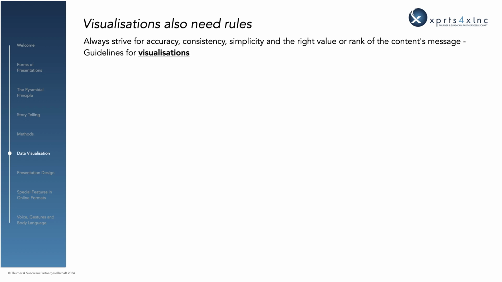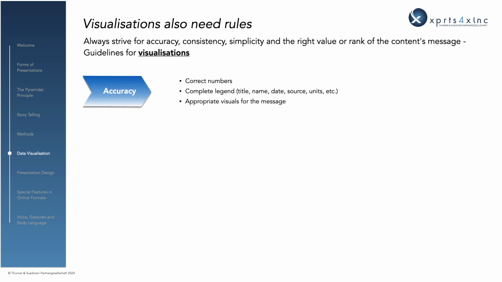But visualizations also need rules. Always strive for accuracy, consistency, simplicity and the right value or rank of the content's message. Guidelines for visualizations. Accuracy, correct numbers. Complete legend including title, name, date, source, units, etc. Appropriate visuals for the message. Consistency. Same format.